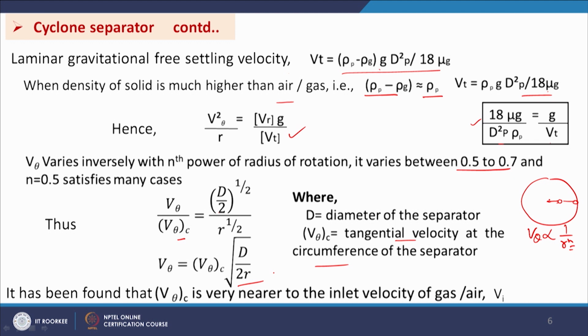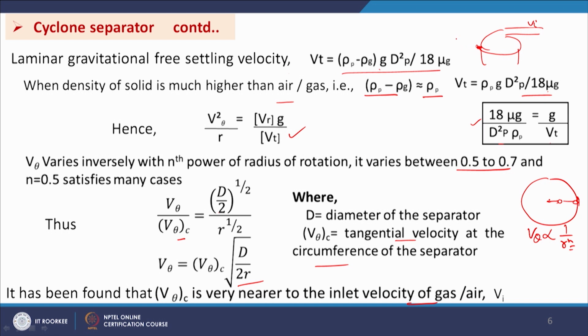So, it has been found that this V theta c, the tangential velocity at the circumference of the cyclone separator, is almost equal to the velocity of gas. Say if this is the cyclone separator, here it is getting entry and then it is moving like this. So, in that case what velocity we are having, that is equal to V I. So, V I will be the same if the particle is here.